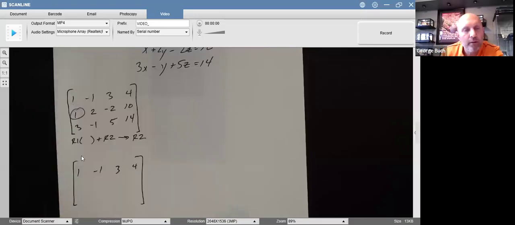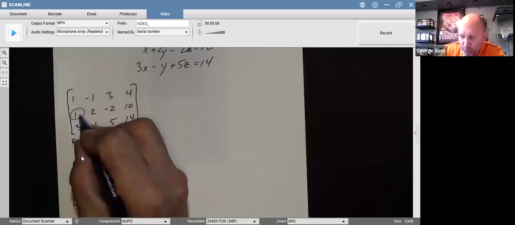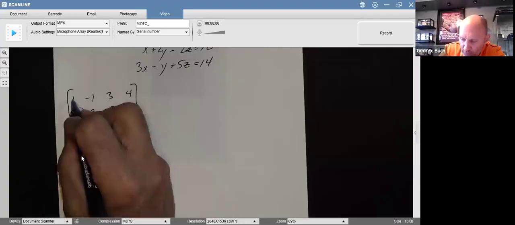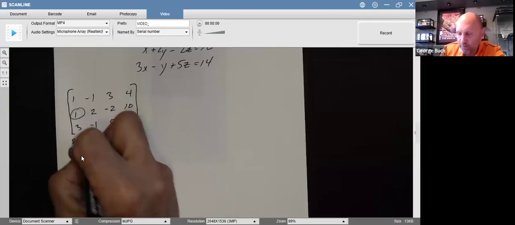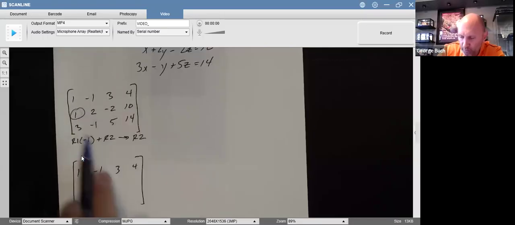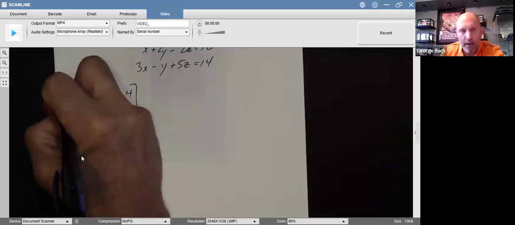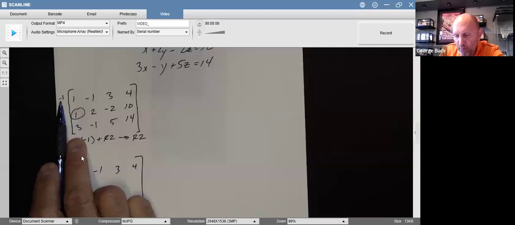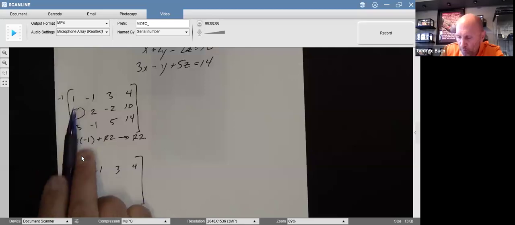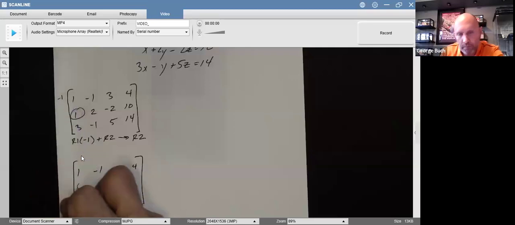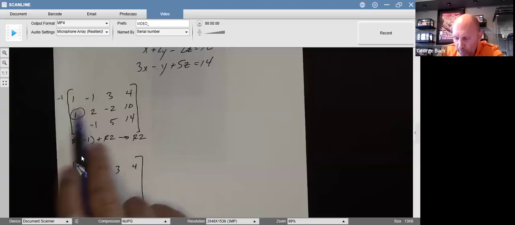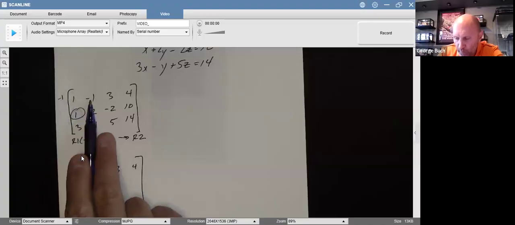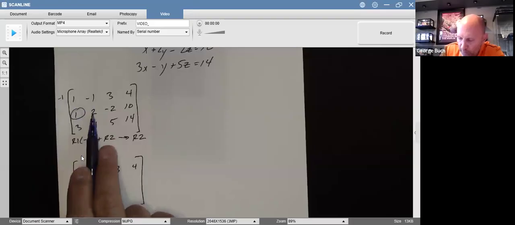Yeah, a little bit. So I have to multiply 1 times negative 1 to get a 0 here. So I do, and I'm going to give myself a little note here, minus 1. So negative 1 times 1 is negative 1, plus 1 is a 0. Negative 1 times negative 1 is plus 1. Plus 2 gives me a 3.